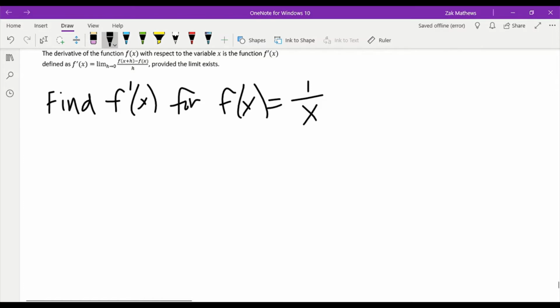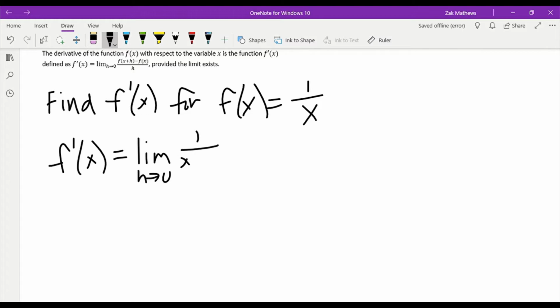If we're looking at f prime of x, we are going to take the limit of our difference quotient as h goes to 0. For f of x plus h, we'd have 1 over x plus h, minus the original function, 1 over x, all over h.